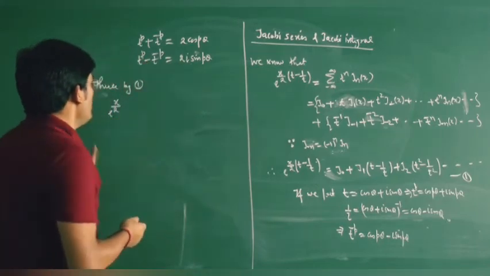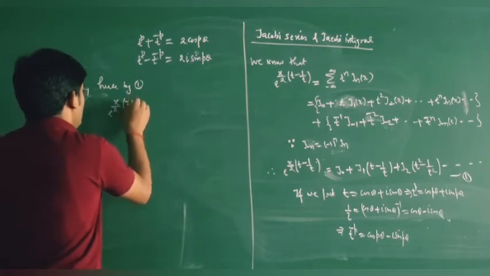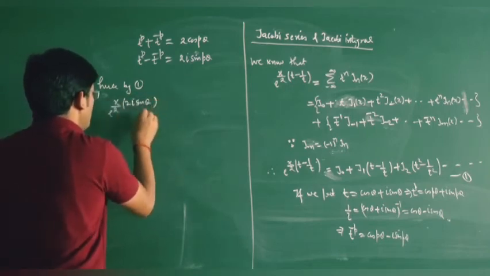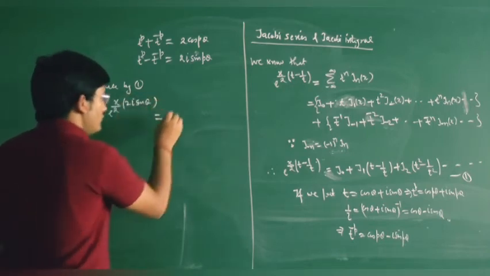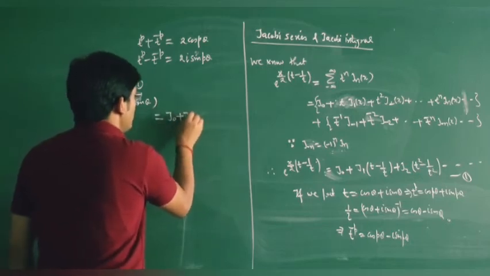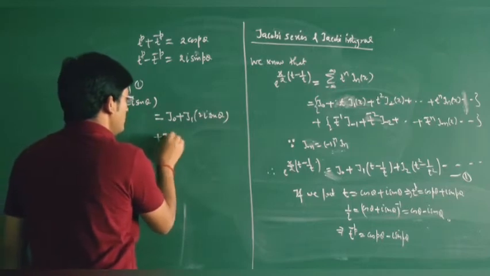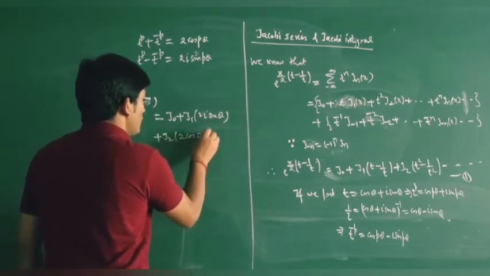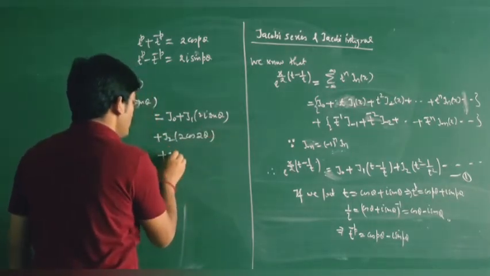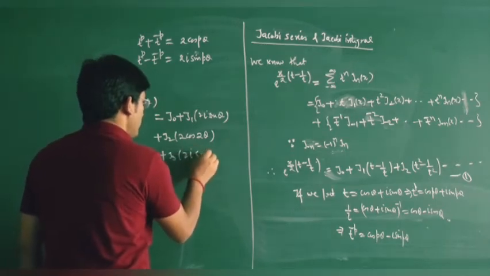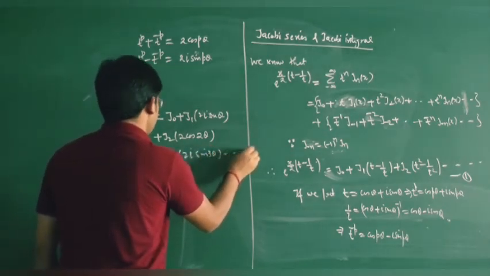So this will be 2i sin theta. So we will have 2i sin theta on the exponent, equal to the right hand side J0, then we will have J1 into 2i sin theta, then J2 into 2 cos 2 theta, then J3 into 2i sin 3 theta, and so on.